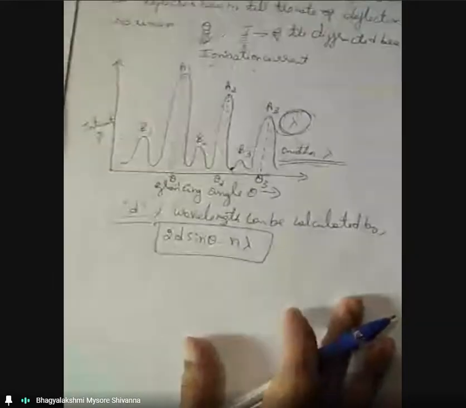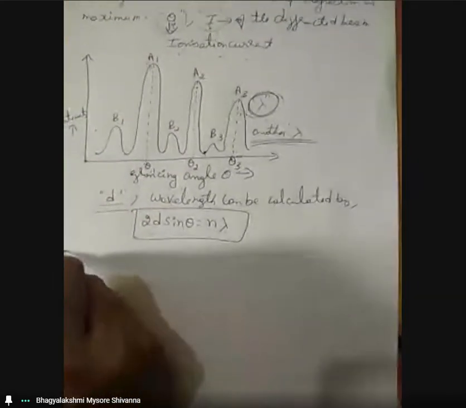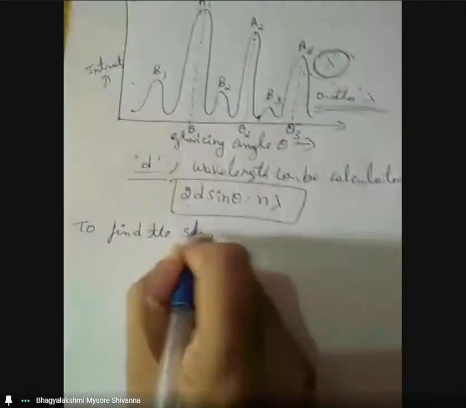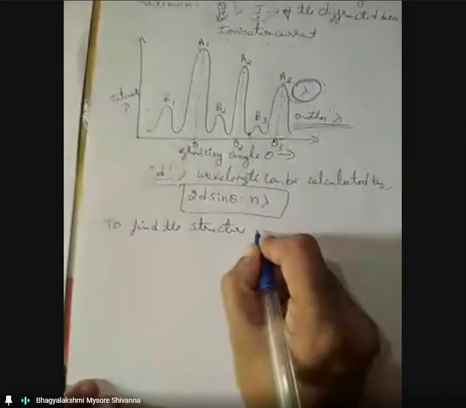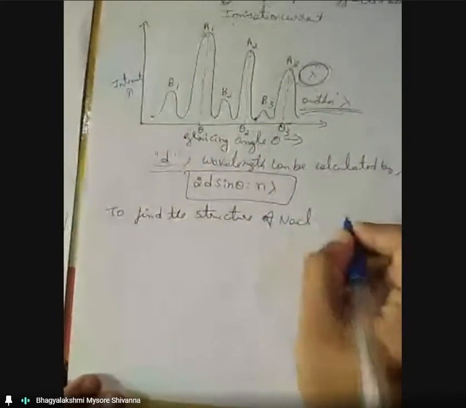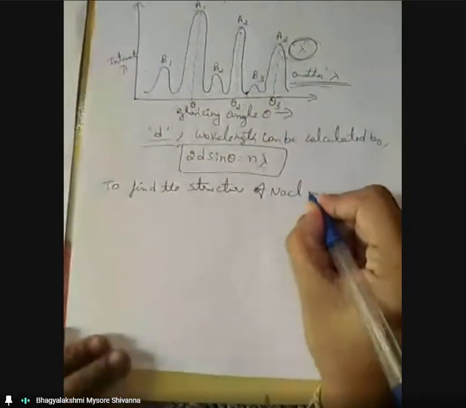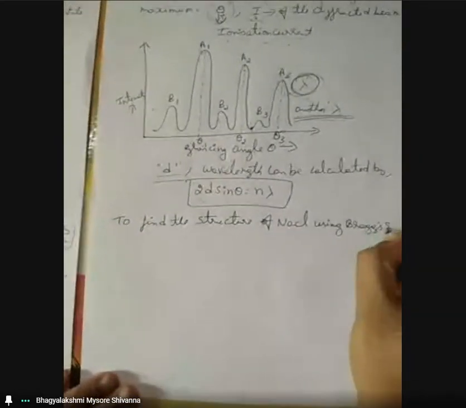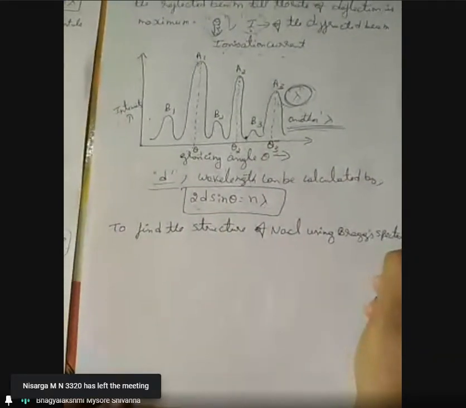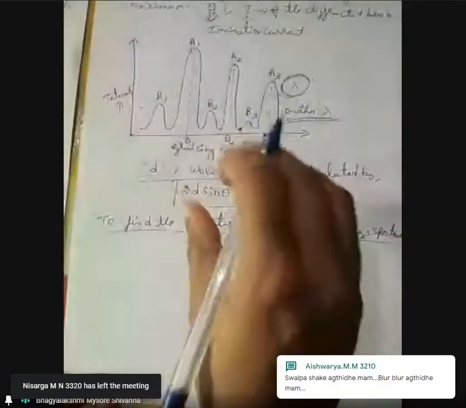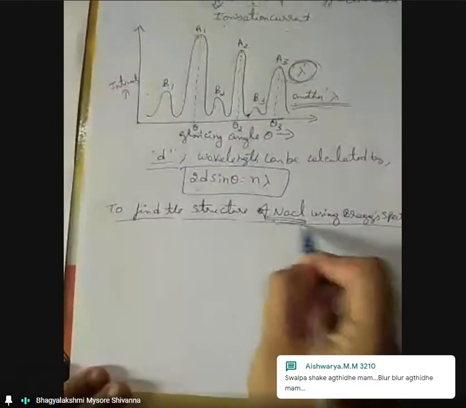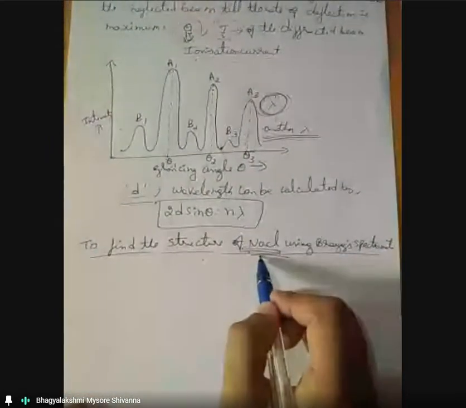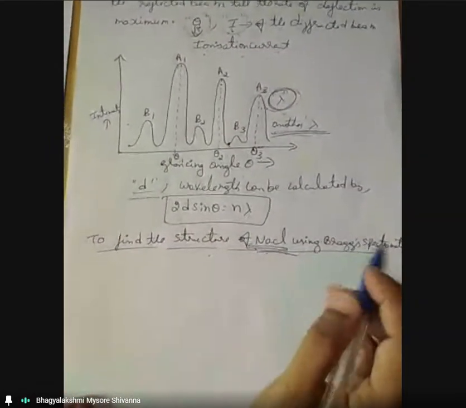Next, we have to find the structure of sodium chloride, NaCl, by using the Bragg spectrometer.